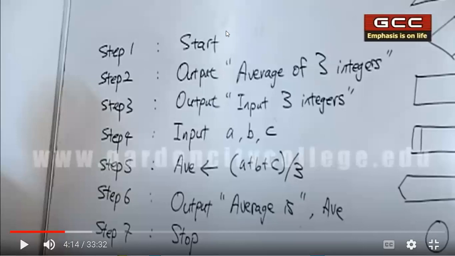S minus C. Then okay, step 6 is going to be output. Output, then it's going to be profit.